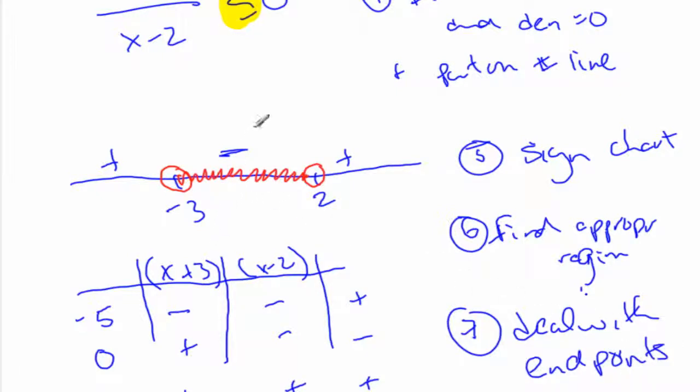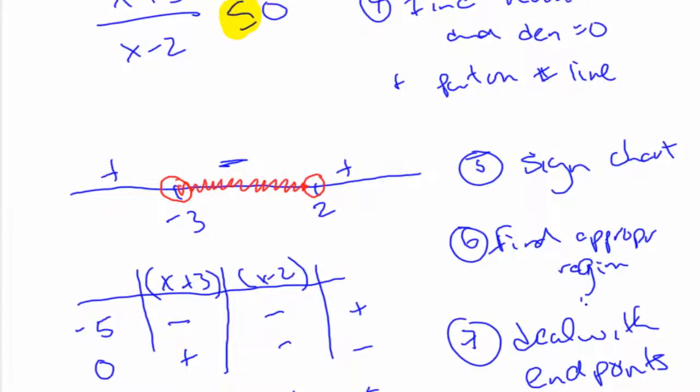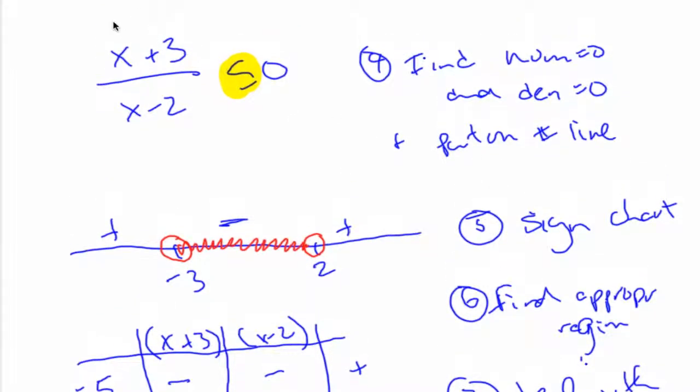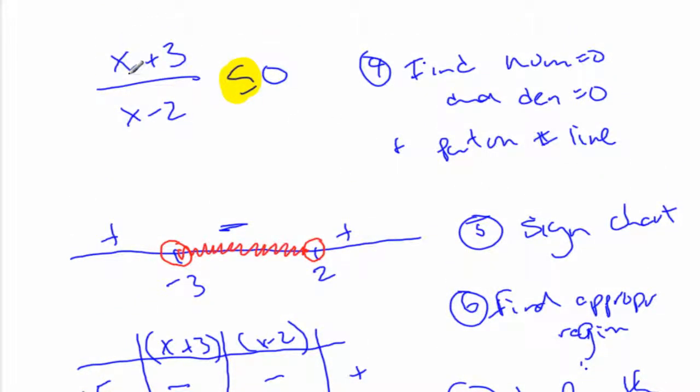I know that the numerator can be negative 3. That is one of the actual values, so negative 3 is okay. The denominator produces the 2. If x is 2, I get an asymptote, because the bottom is 0. It can never be 0.